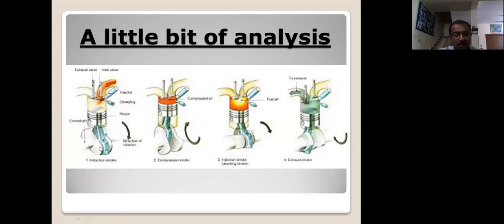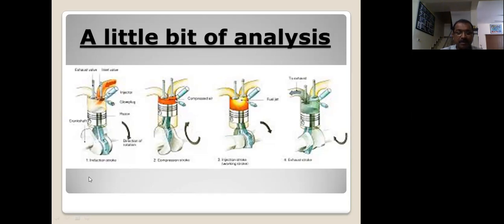So your crankshaft will move from top to bottom. The top point of your crankshaft will be driven down to the bottom.